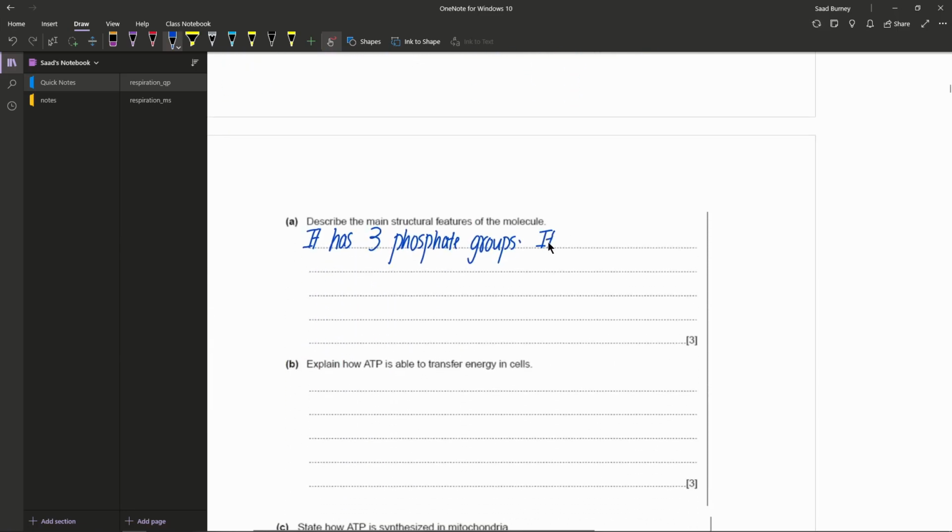It has ribose as the sugar. And lastly, we know that it has the nucleotide adenine.